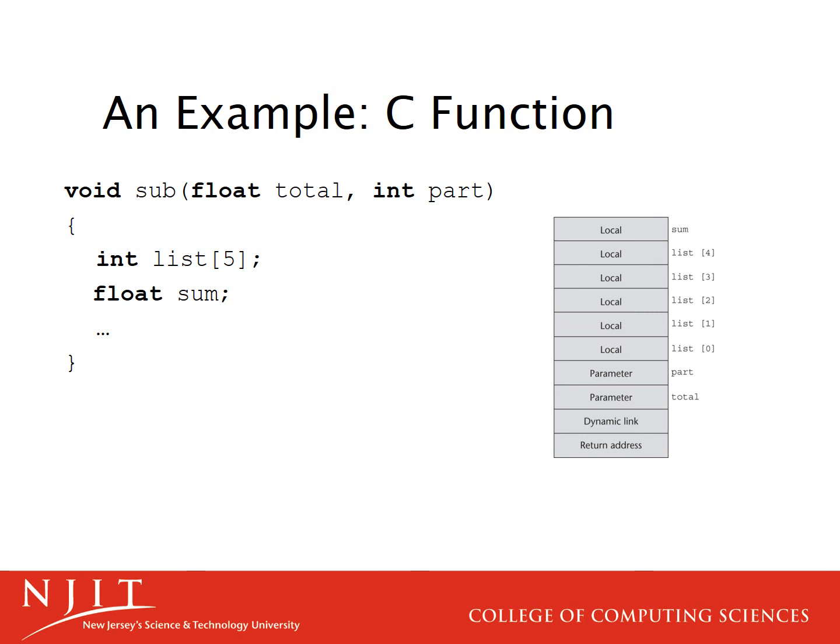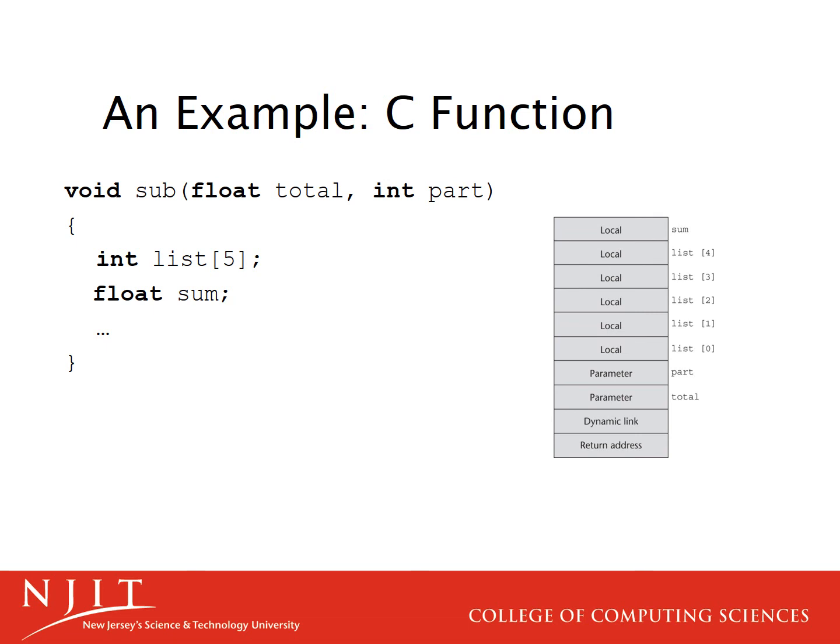So the environment pointer is somehow pointing into this activation record. The first argument is always right past the dynamic link. The second argument is always right after the first argument. The first local variable is always right after the last parameter.